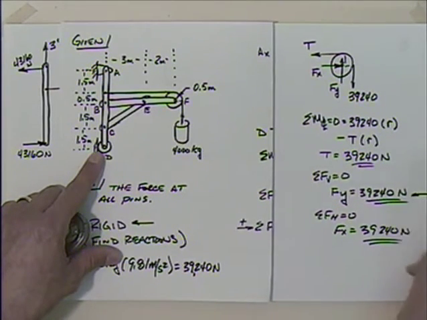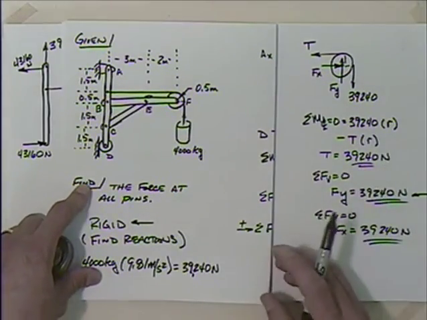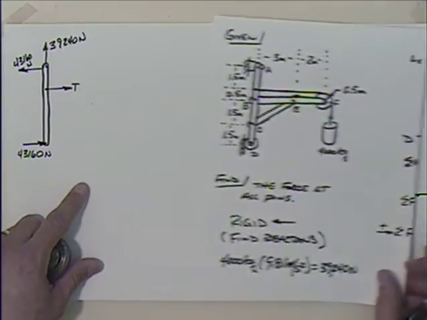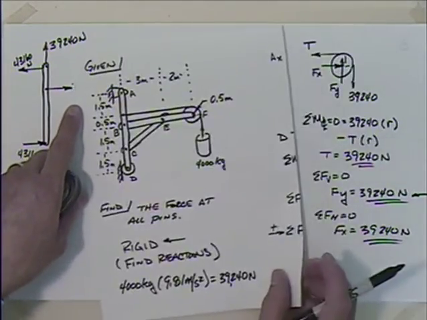And I guess those are final answers. If we're looking for the force at the pins, those are the forces at pin F. So with that, I can come back over here and talk about this T, 39,240.